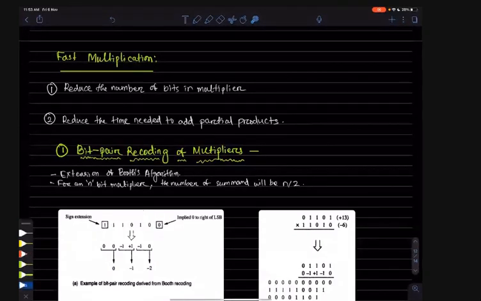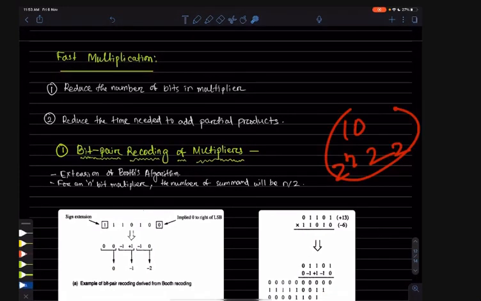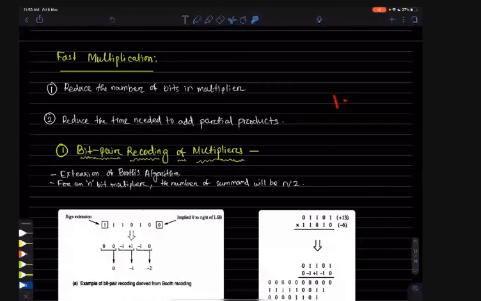Addition, subtraction and multiplication are over, then division, and after that floating point representation and operation: how to represent 10.2, how to represent 5.5. Till now we have only represented integers like 10, 12, 22, but how to represent decimal numbers like 1.2, 0.5?